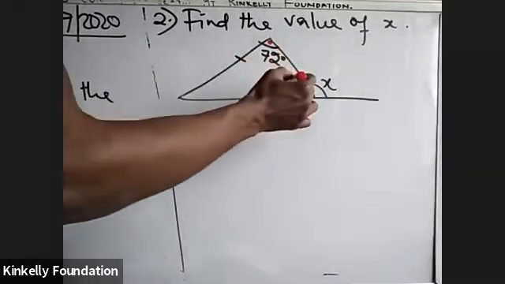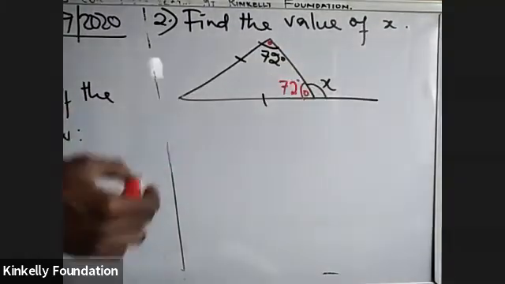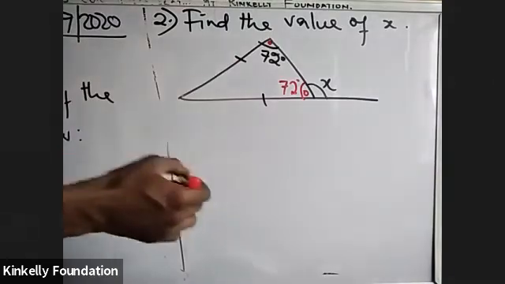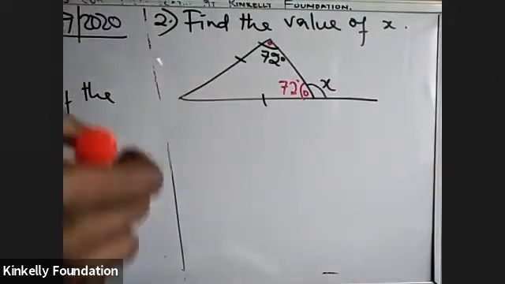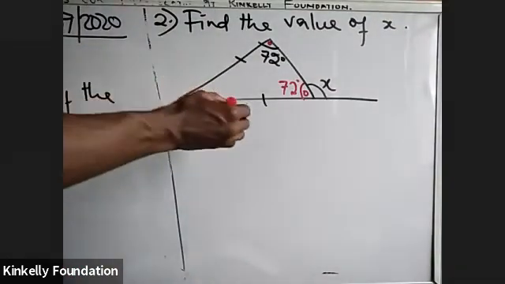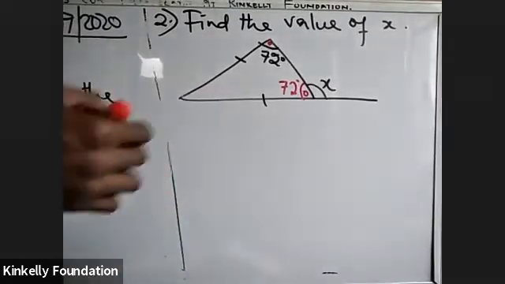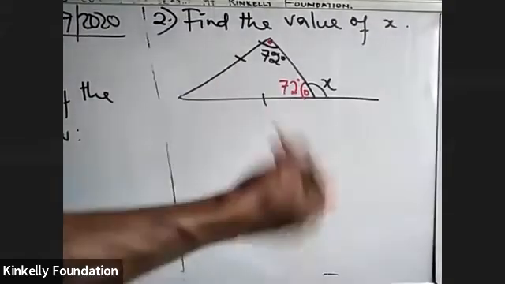So here is equal to 70 degrees. Now we know in our second rule that the sum of angles on a straight line add up to 180 degrees.